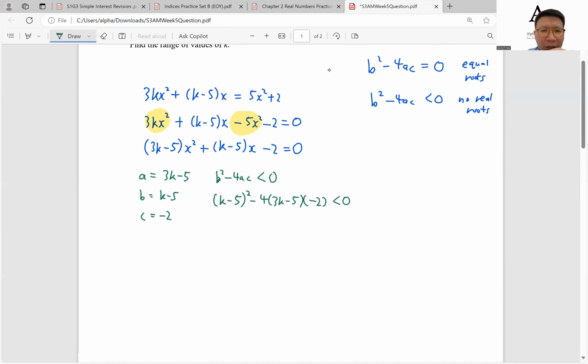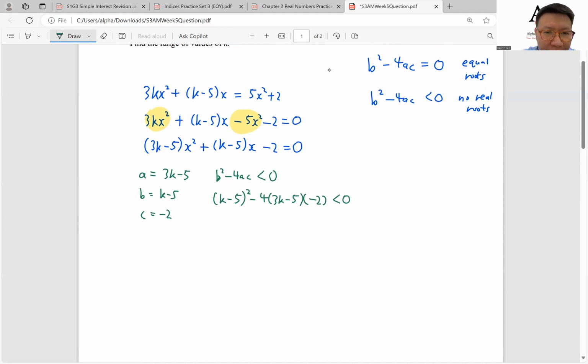Let's expand k minus 5 squared. Let's also expand this term over here.